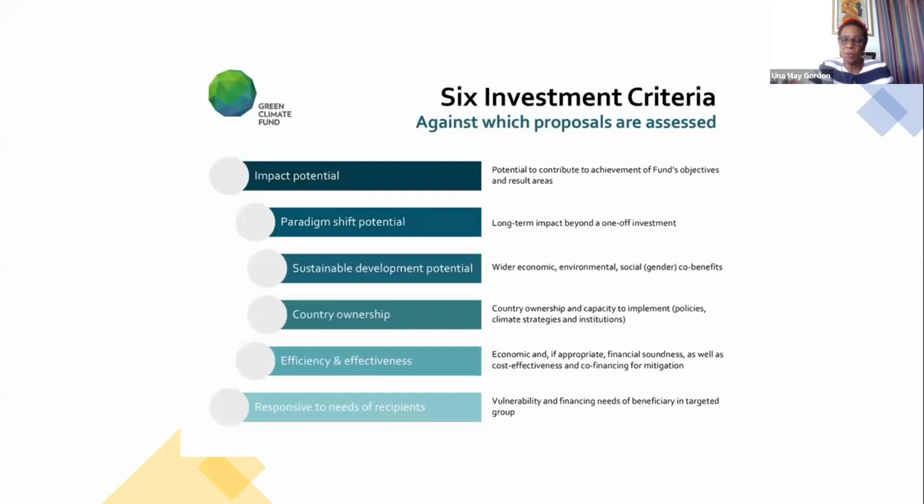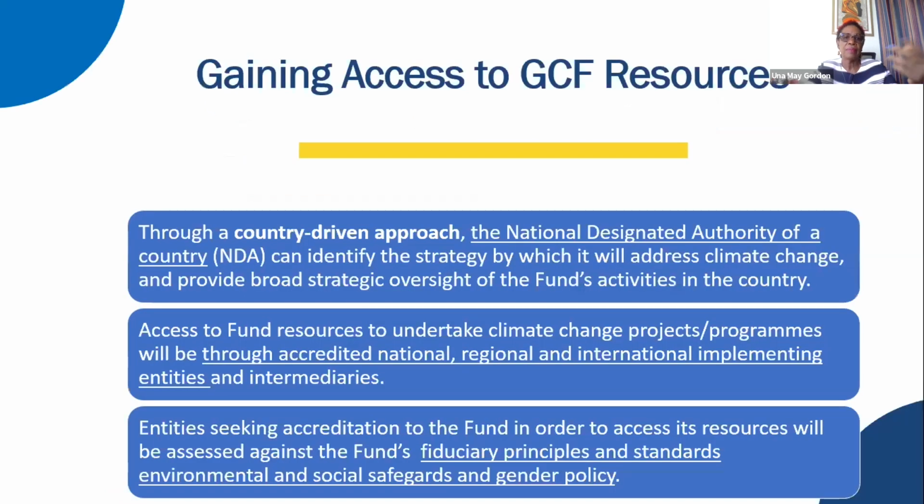And this is how the proposals to the fund are assessed: the impact potential, the sustainable development potential, most importantly, the country ownership. It needs to fit into the development paradigm of the country, and the efficiency and effectiveness of the proposal.